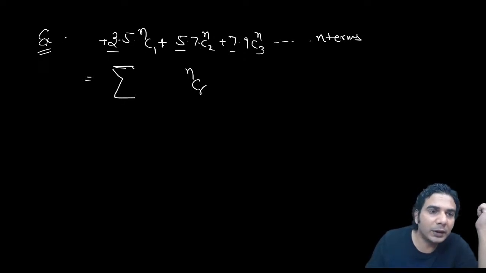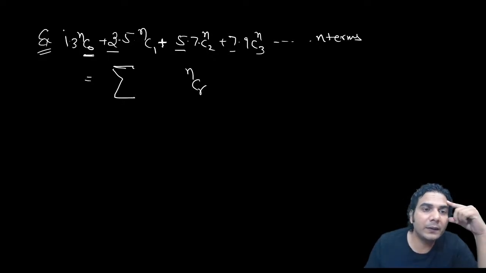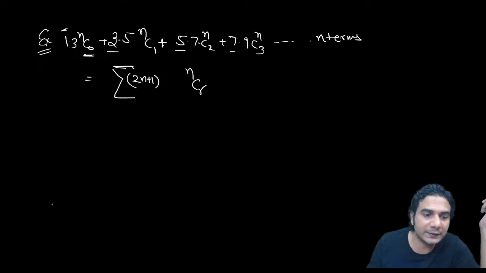And add one more term, 1 into 3 into NC0, all right? Look at this. So if you write the general term, it is NCR, which is actually the R plus 1th term of this series because it is starting from 0. So what will be the R plus 1th term of this 1, 3, 5? That is 2R plus 1 in terms of R.